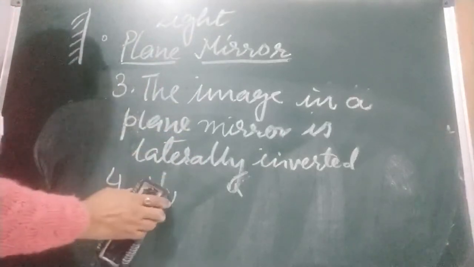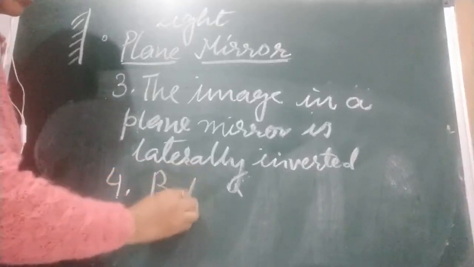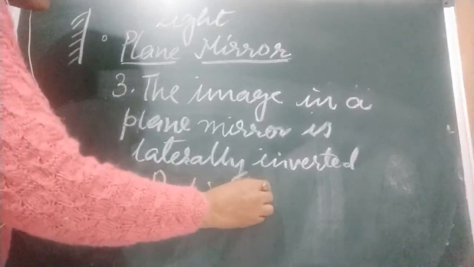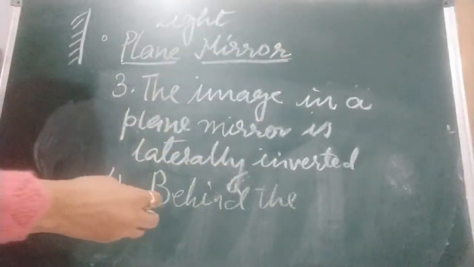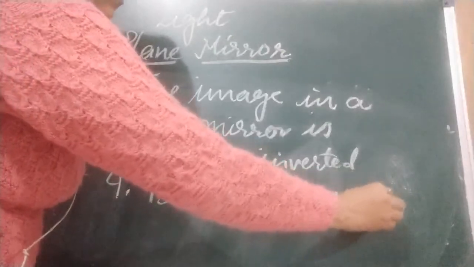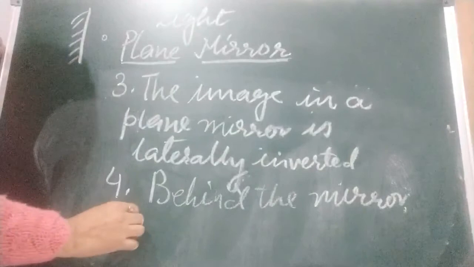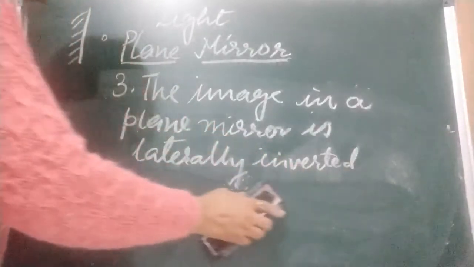The image is formed behind the mirror, and the image which forms behind the mirror, I told you already, is called a virtual image. So the image is virtual and erect.